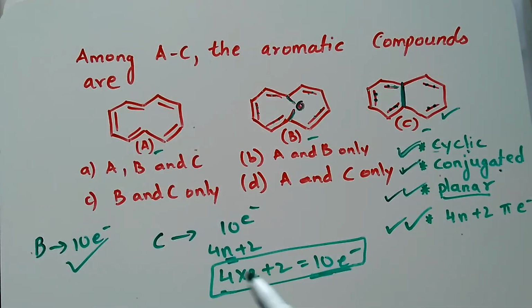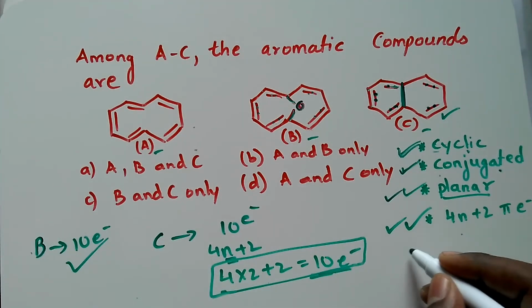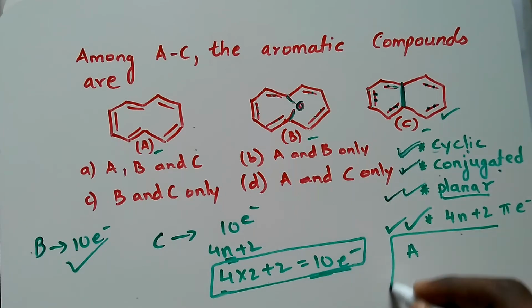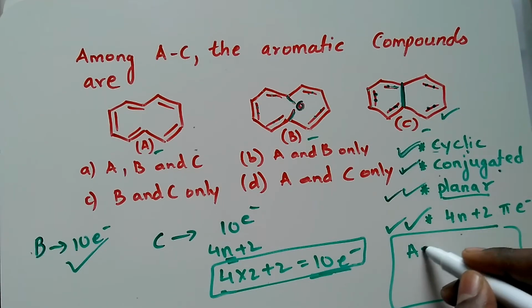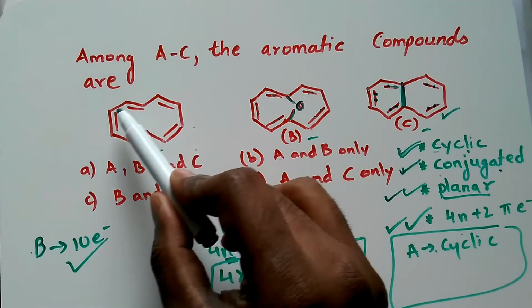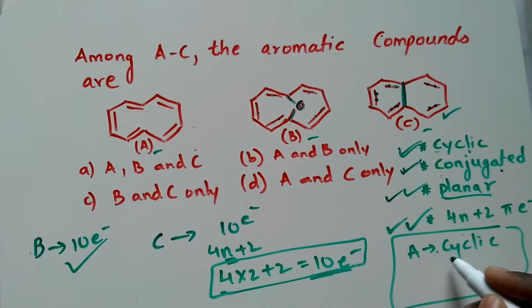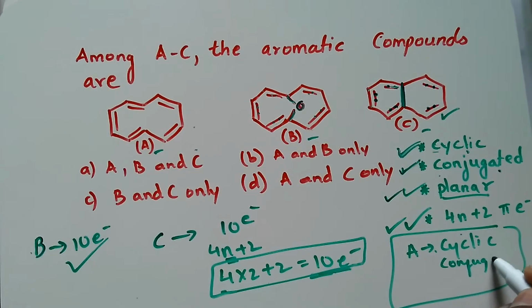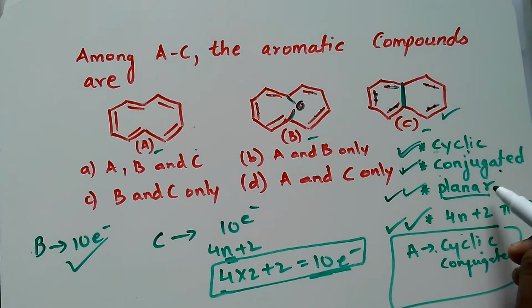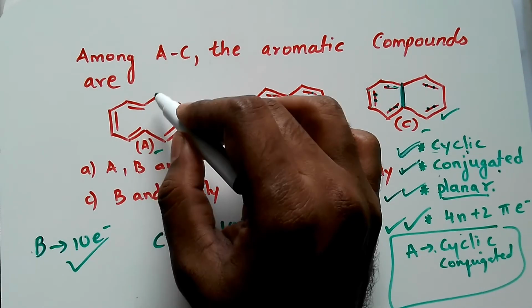Now what about A? The first thing, is it a cyclic structure? Yes, it's a cyclic structure. What about conjugation? Any sp3 hybridized carbon? No, all are sp2, so it is conjugated. Now regarding its planarity, we have to remember there is no bond holding them in the planar structure.